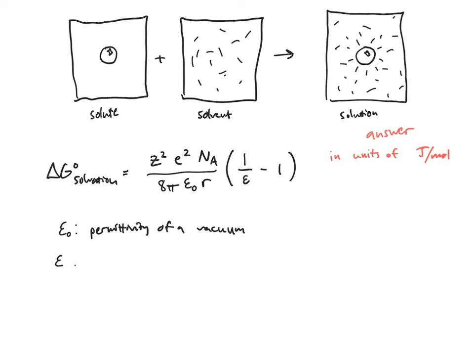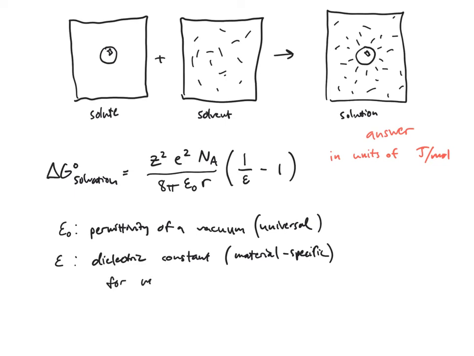Then this epsilon, without the naught, is called the dielectric constant. So if this is a universal constant, this one is a material specific constant. So it depends on whatever the solvent is in this case.